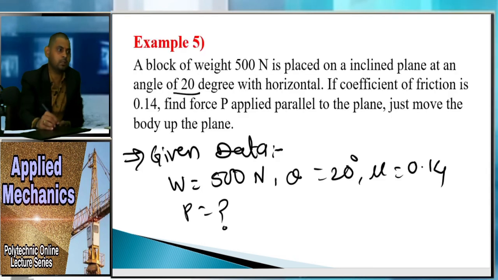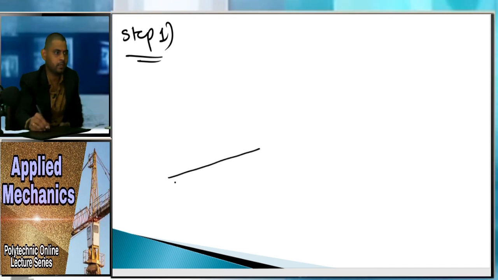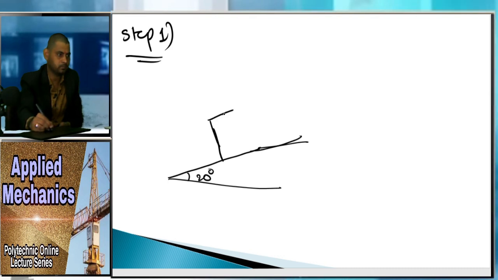So I will draw the FBD by using these terms. Here we have a 20 degree inclination. So you have to take the inclination of 20 degree with this horizontal plane, right? So here the angle is 20 degree, and on this plane you have a body like this. This body has a weight W, which acts downward.